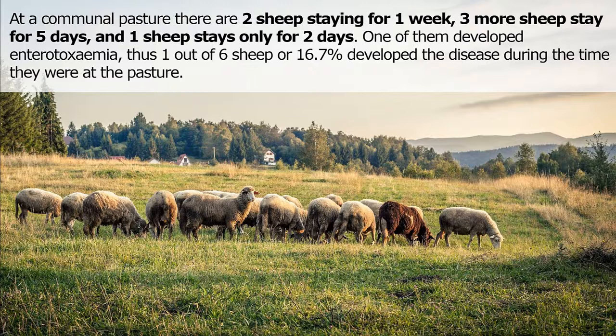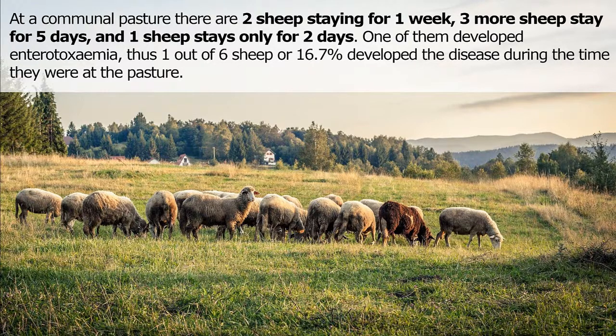So that's the group of sheep we have in the pasture. And if one of them, during the pasture, develops enterotoxemia, basing ourselves on what we learned about the measures of frequency, we would say, well, it's 1 out of 6 sheep, which is 16.7% in proportion, who develop the disease of enterotoxemia.